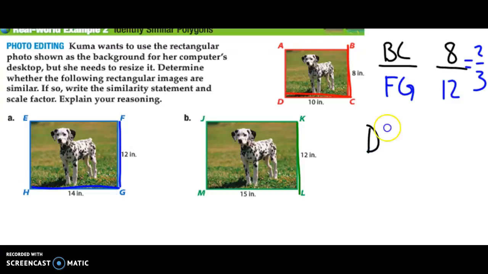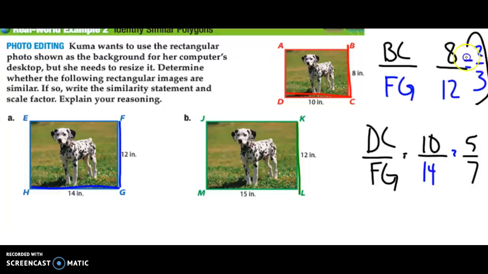DC over FG would be 10 over 14, which reduces to 5 over 7, taking a 2 out of both. Are my proportions the same? They are not. So these two images, ABCD and EFGH, are not similar.